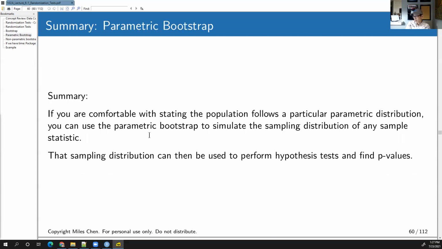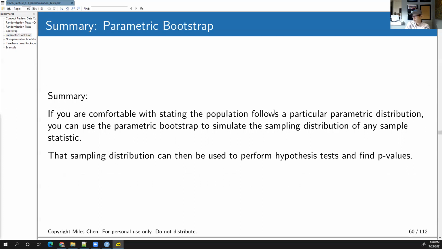And so if you are comfortable with stating that the population follows a particular parametric distribution, you can use the parametric bootstrap to simulate the sampling distribution. And then once you have your sampling distribution, you can perform any kind of hypothesis test or get p-values or things like that, okay?